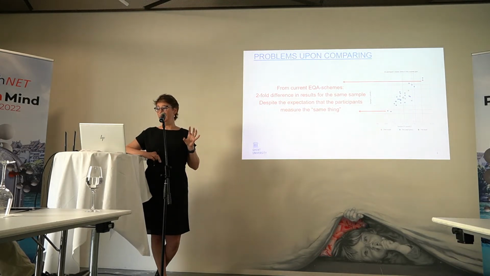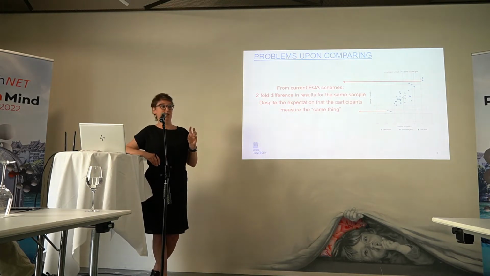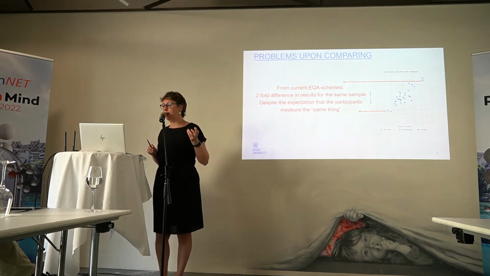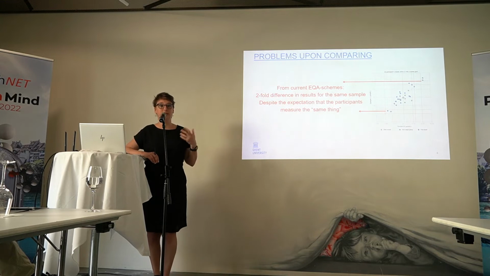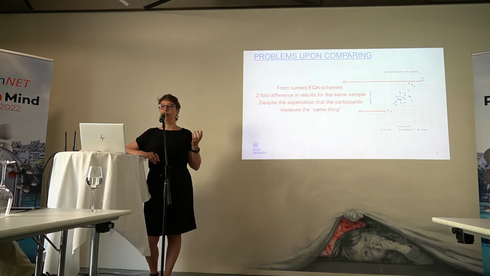But clearly, one lab has a PEth result of 1 micromole per liter in lab A, and I think over 2 in lab B, which is a huge difference. We've also seen in the presentations yesterday, where we do method comparisons, that sometimes we find a difference of 30% between two laboratories.